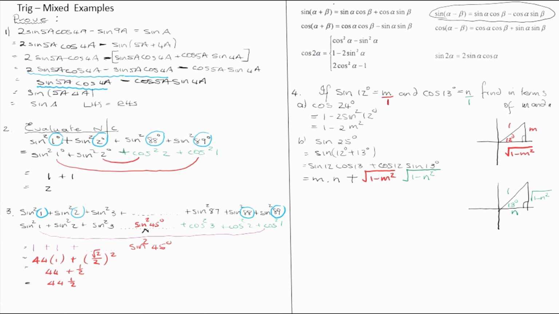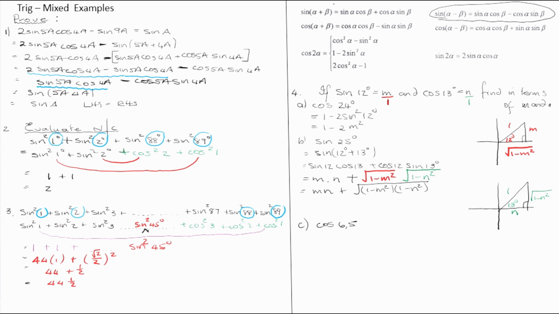Right, I would go one step further and say that is mn, not times by, plus, and then maybe put it all under 1 square root, because that is allowed, and it will then be the square root of 1 minus m squared, 1 minus n squared, and that doesn't go any further.